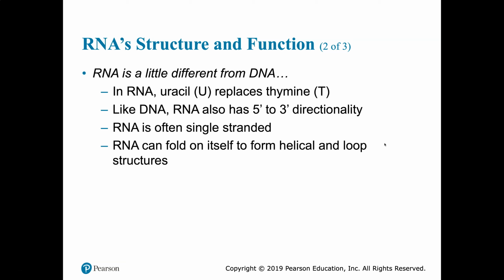So adenine in DNA pairs with thymine, but in RNA, adenine pairs with uracil because uracil replaces thymine. There is directionality. Typically, you're going to find it in a 5' to 3' direction, RNA at least. DNA, you'll have two strands, one 5 to 3 and the other 3 to 5.